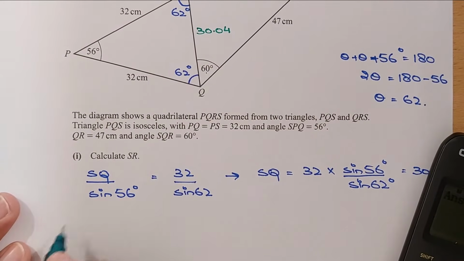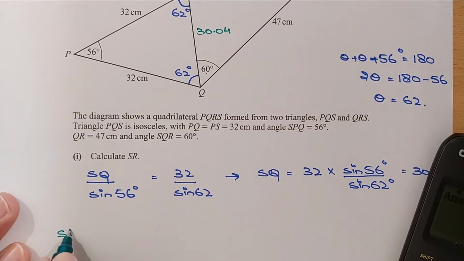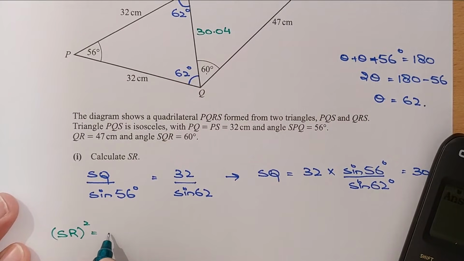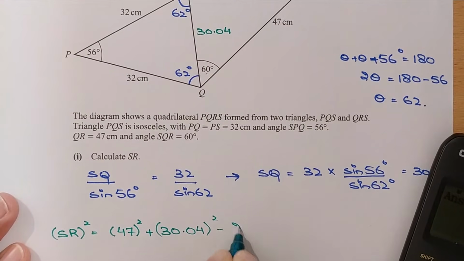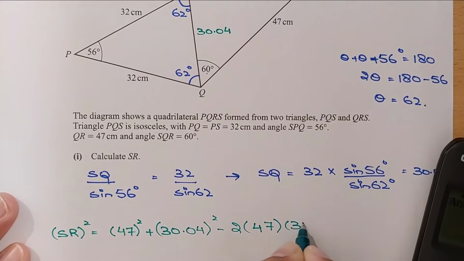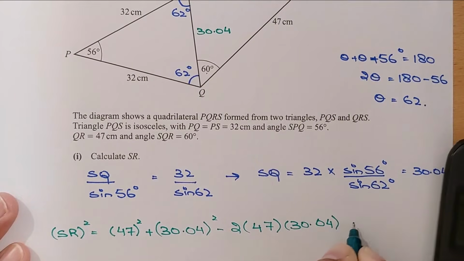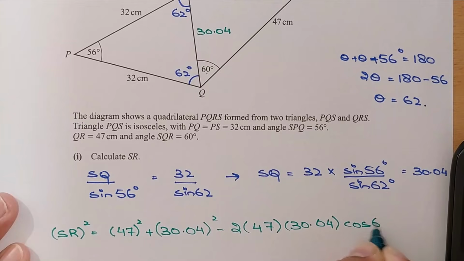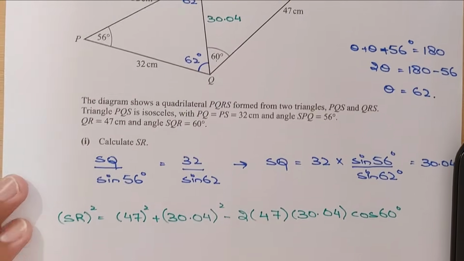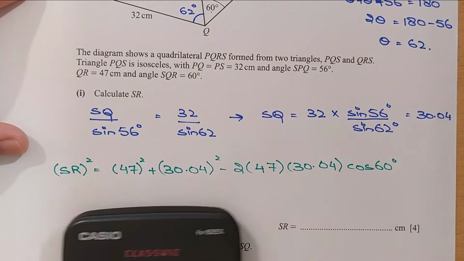For applying the law of cosine, we have SR squared equals the two sides, that is 47 squared plus 30.04 squared minus 2 times 47 times 30.04 and cos of the angle between them, that is 60 degrees. Now let me calculate SR by taking the square root.